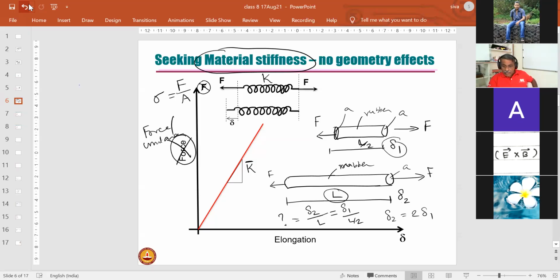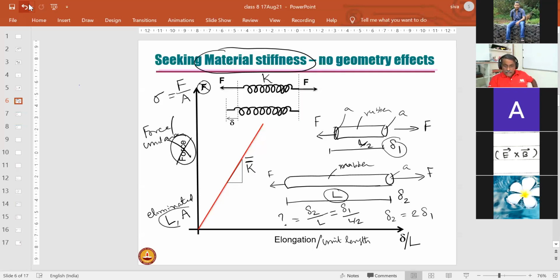And therefore, I am now going to shift it to elongation per unit length of the rod or the cable or the thread, whatever, right? So I'm going to now introduce delta by L, and let's say this is K bar bar, okay? So what I have done is I have eliminated length L and cross-sectional area A.